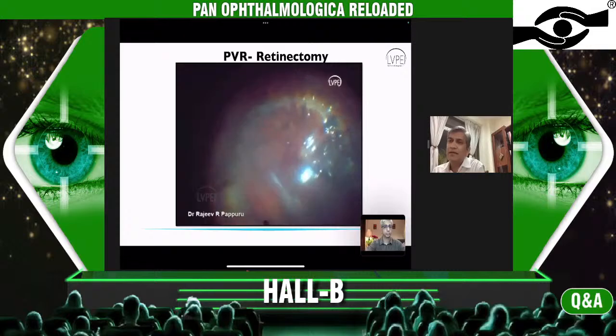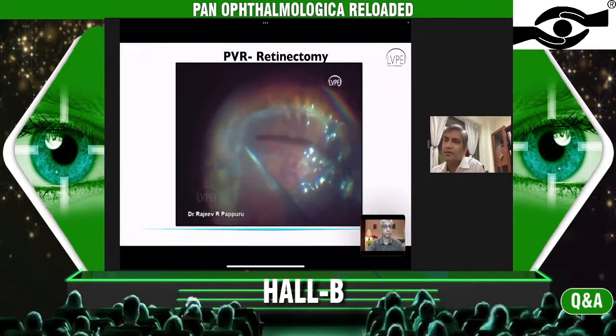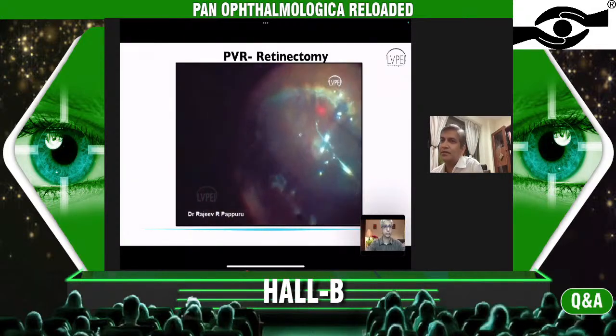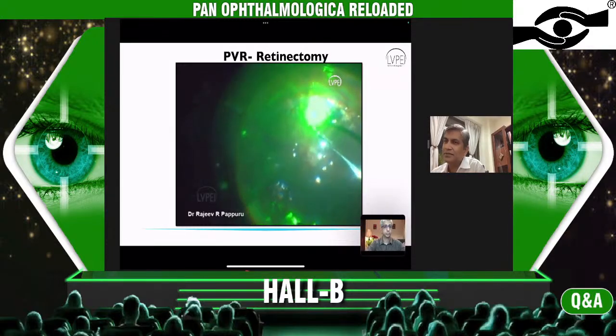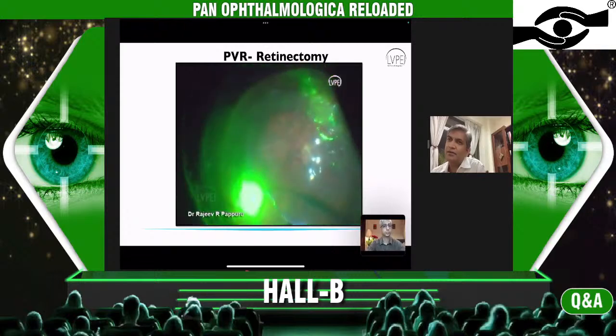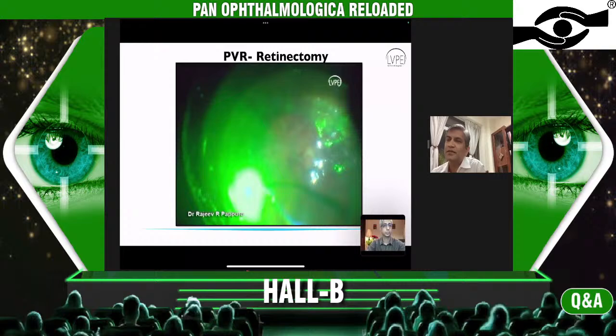Though the retina is attached well, it would still cause long-term hypotony or sometimes neovascularization of the iris, because the retina in the periphery, which is cut and left around, is going to cause proliferation of tissue there. So that's another thing you should always remember when you are doing membrane retinectomies in proliferative retinopathy.